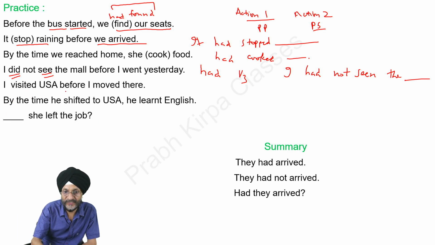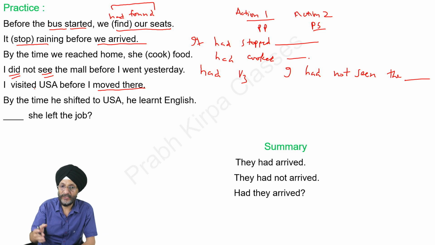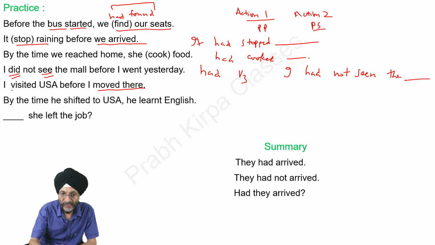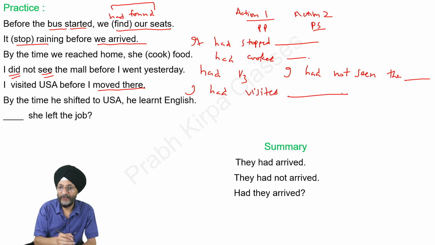I visited USA before I moved there. That is, I had visited the USA earlier and later on I moved to USA. So you will write here, I had visited USA before I moved there. Next, by the time he shifted to USA, you will see that he shifted later on.